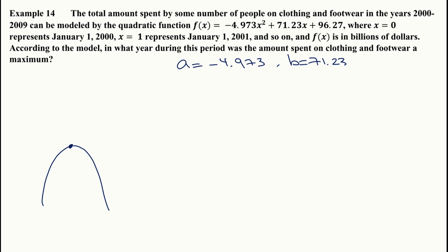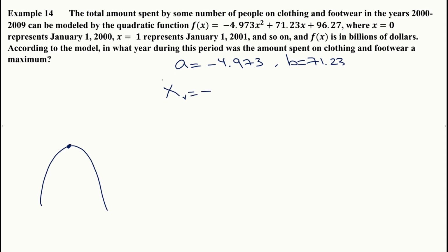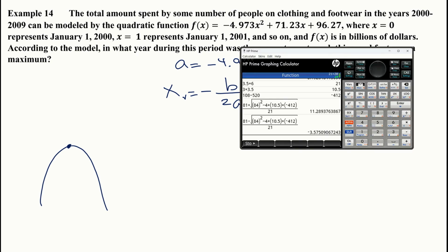And the x value of the vertex is going to be -b over 2a. So it's going to be -71.23 over 2 times -4.973. The two negatives are going to make a positive, so we just need to worry about the values.